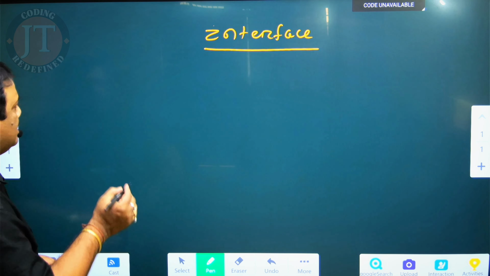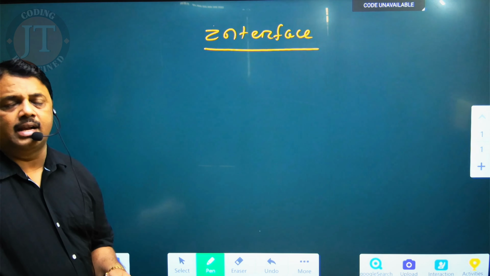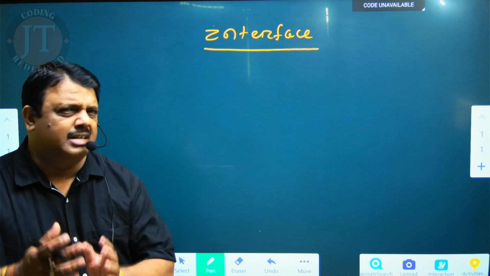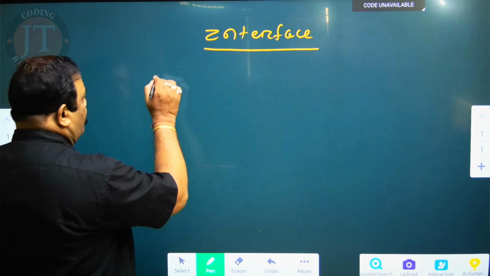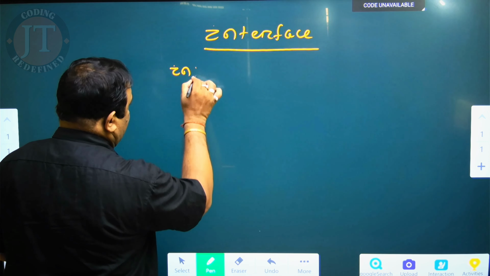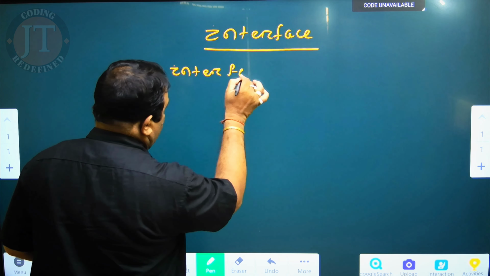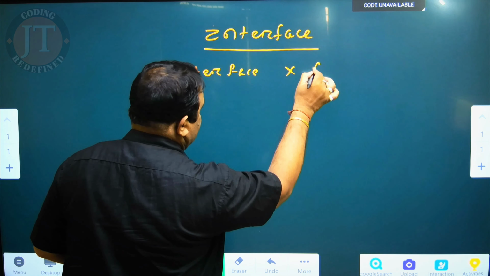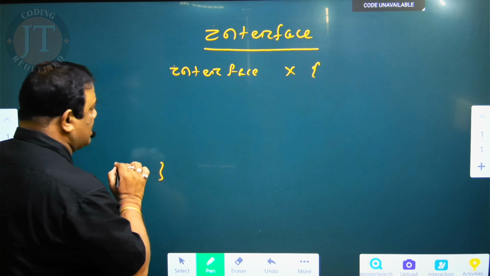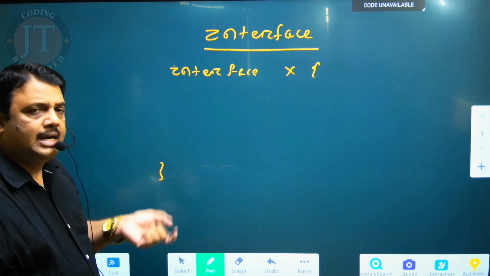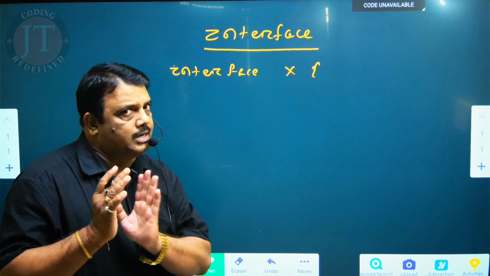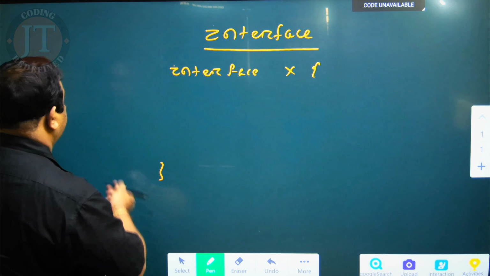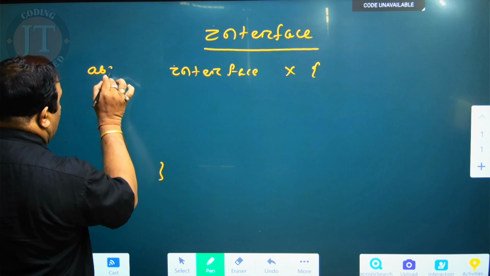We know that when we declare an interface, there are some characteristics. Take an example: interface X. In traditional versions up to JDK 1.7, an interface is implicitly abstract.